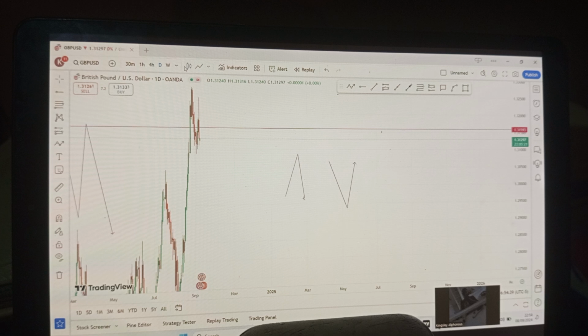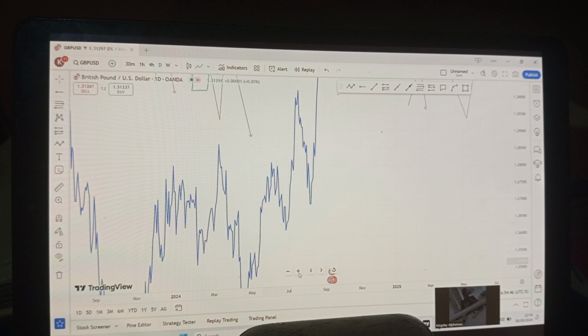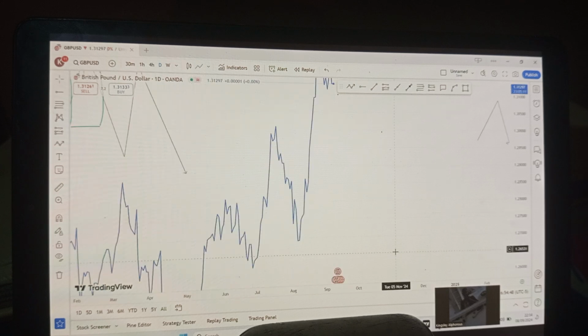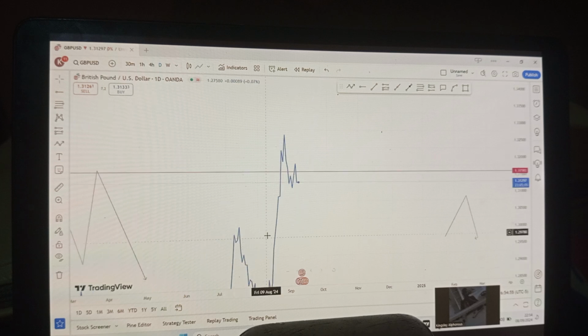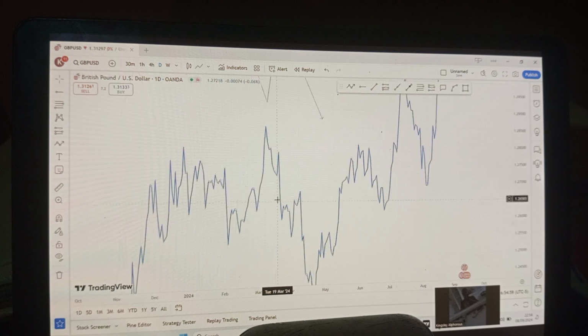Just open your chart and observe it on the line chart. It's very clear on the line chart. We have this A-shaped key level here, and this V-shaped key level here, so we have several key levels. It's very, very clear using a line chart. I hope you guys can see it.